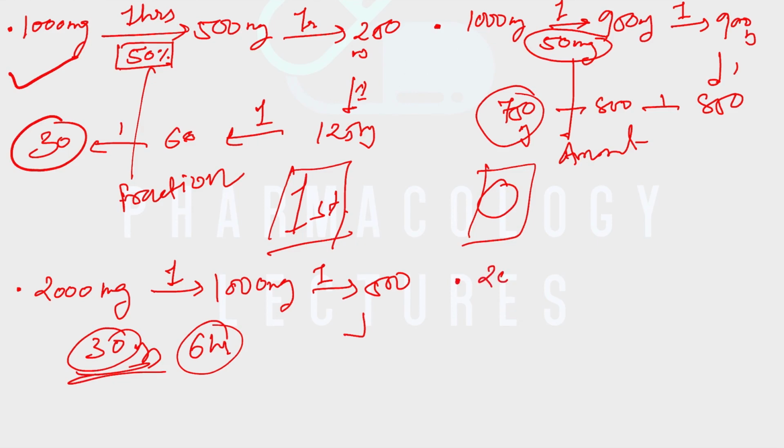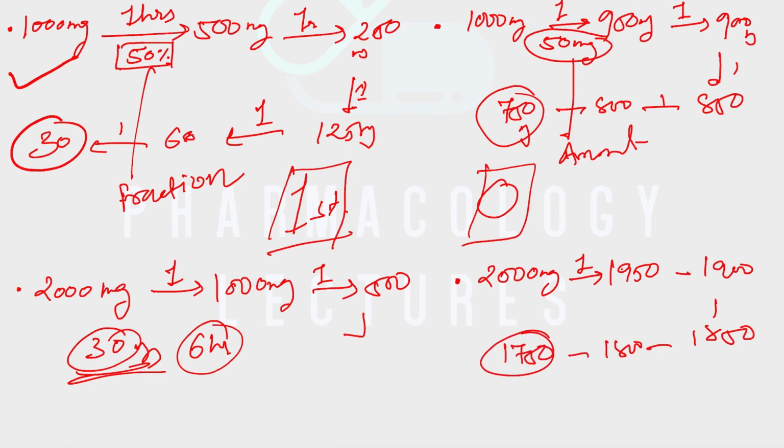Now what happens here if the patient takes the same drug in double the concentration? After 1 hour, it's 1950, then 1900, then 1850, then 1800, and 1750.